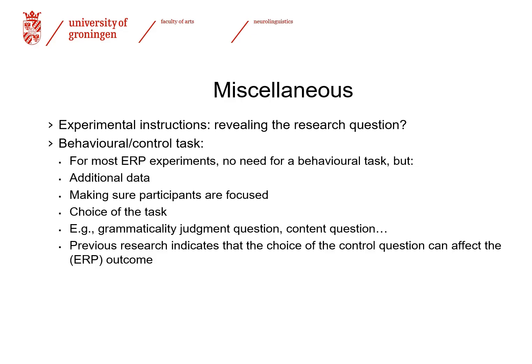So it's been shown that the grammaticality judgment task can actually enhance the P600 component, probably by making people focus more on the grammaticality aspect of the task. So if you are designing an experiment, you should definitely look into this and check out if there is previous literature on what kind of a behavioral task is most suited for your kind of paradigm and research question.